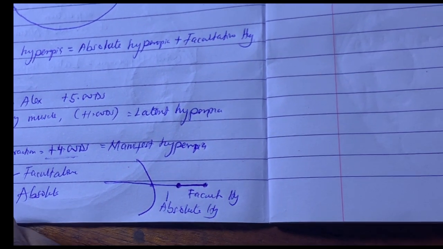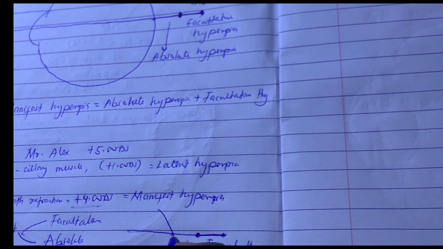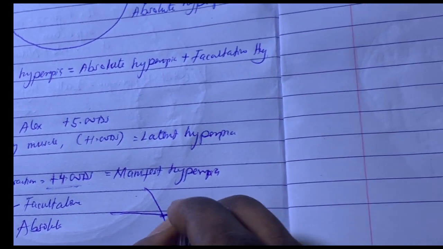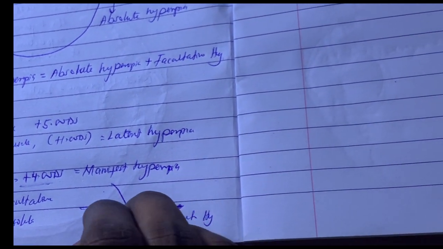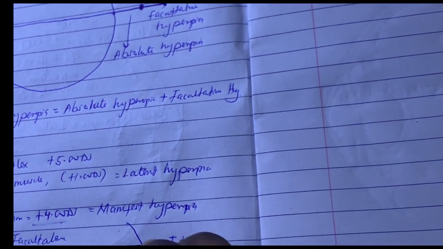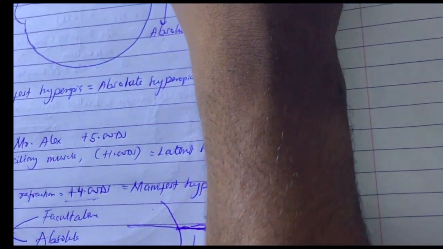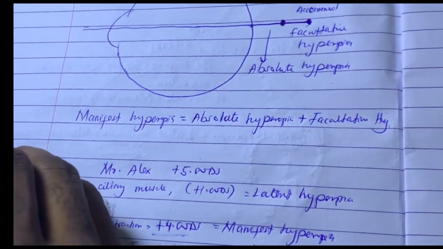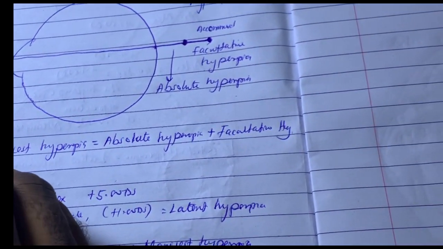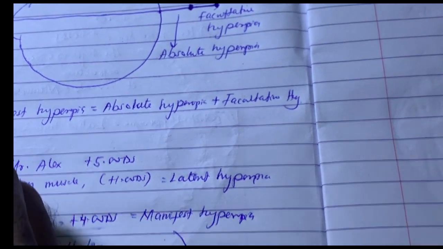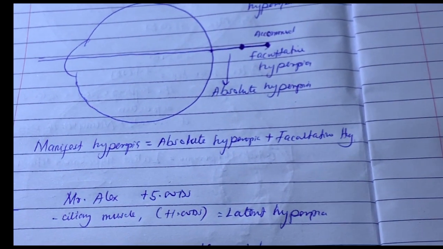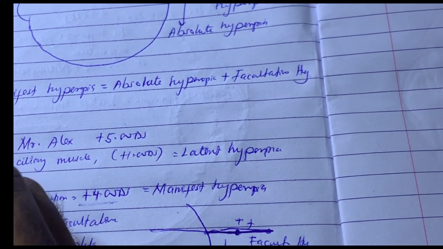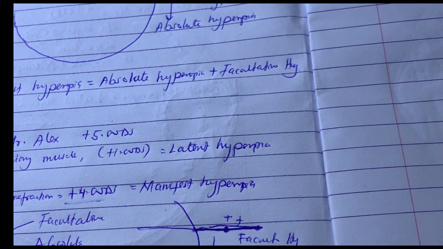So manifest hyperopia is the facultative hyperopia plus the absolute hyperopia. For the total hyperopia, the latent part, which the ciliary muscle corrects as +1, plus the manifest hyperopia in the refraction, is what we call total hyperopia.